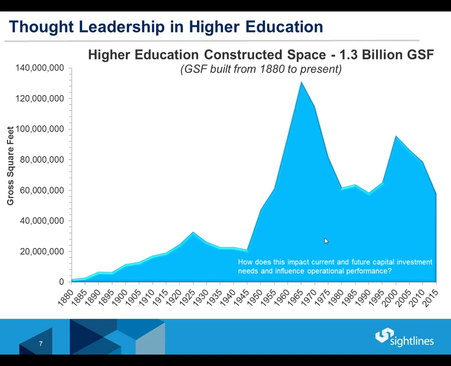And you could see that as the baby boom generation came to college and as research facilities were being built on college campuses across the country, starting in the late 50s, but particularly from around 1960 to 1975, more space was built on college campuses than was built cumulatively in the 80 years prior to that. That spike of space is what is driving a lot of the deferred maintenance needs across college campuses right now.